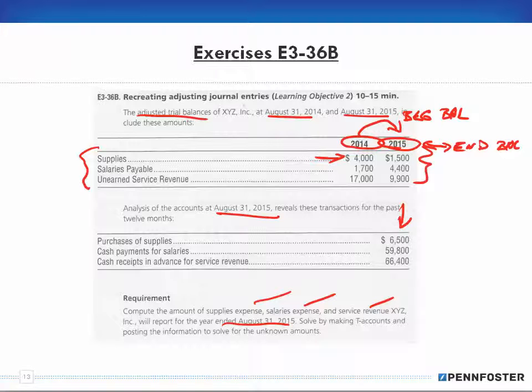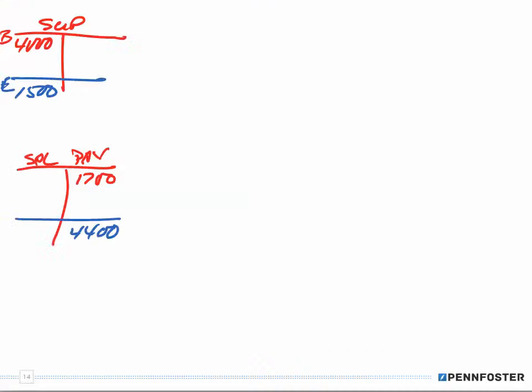And then unearned service revenue was 17,000 and 9,900. So unearned service revenue was 17,000 and 9,900, right?